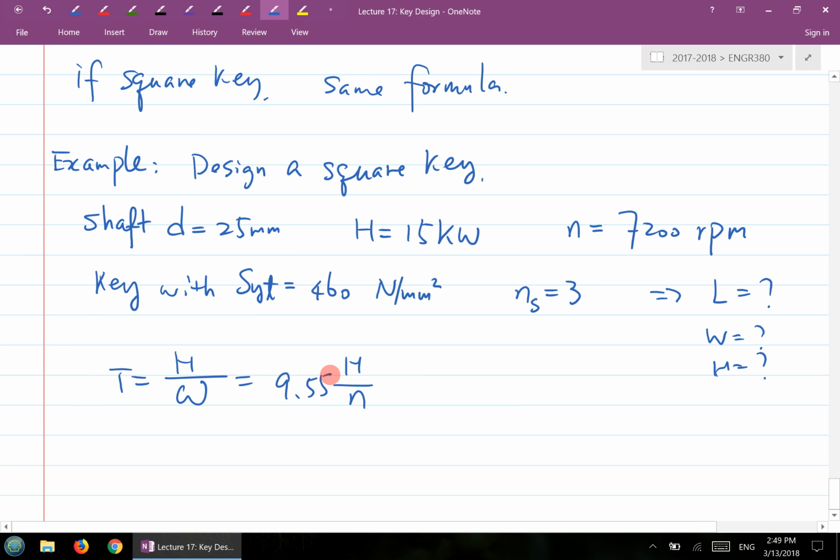This will give you torque in Newton meters. So let's try it: 9.55 times 15 divided by 75 RPM. This will give us 198.9 Newton meters.